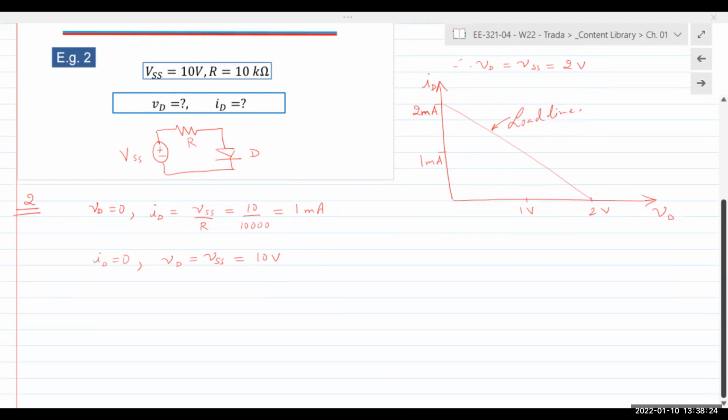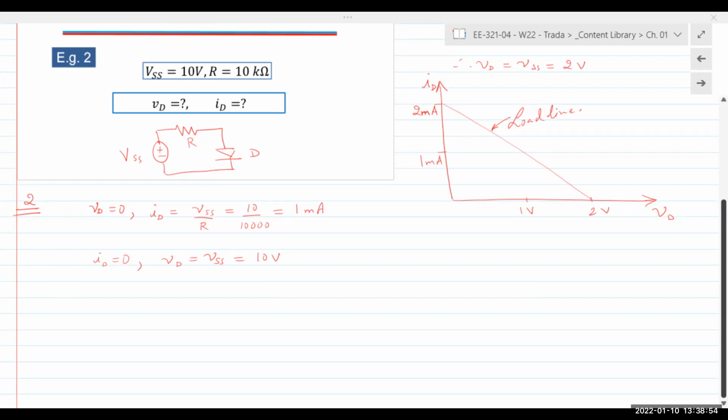So if you want to plot this out, we can take a look at the diode circuitry and the constraints, and then we can plug in any value for VD. We already have 2 points, right? We already got VD as 10 volts for 0. We already have the value for ID when VD is equal to 0.